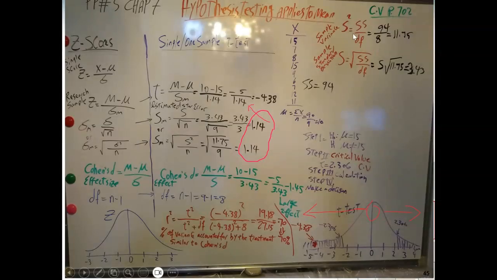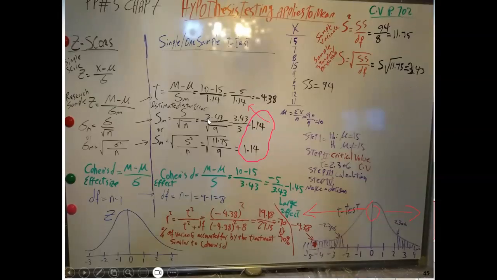Either way, if you decide to use the variance, which is SS over df, I gave you the SS as 94, and df is 8, 9 minus 1. That gives you the variance of 11.75. Then you use the bottom formula with the square root of s squared. The square root of 11.75 is 3.43.